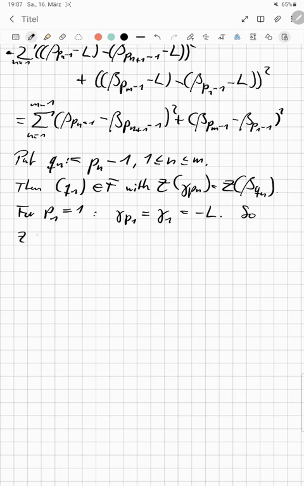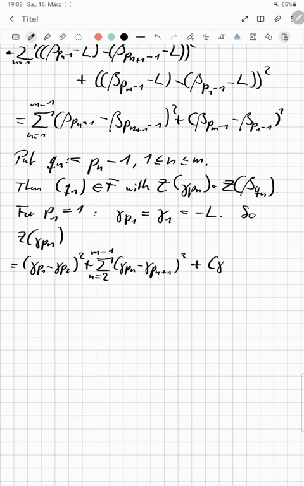So Z of these gamma Pn's has the following form. We now split this sum up again. The first factor is gamma P1 minus gamma P2 squared. Then we get the rest, so we go from 2 to m minus 1, gamma Pn minus gamma Pn plus 1 squared.